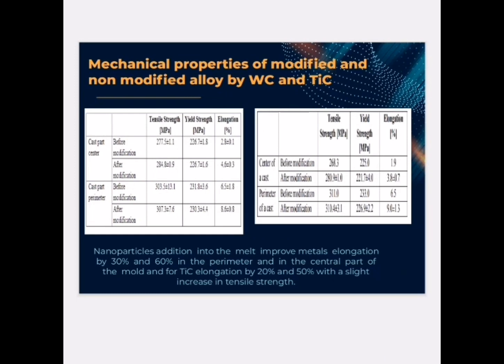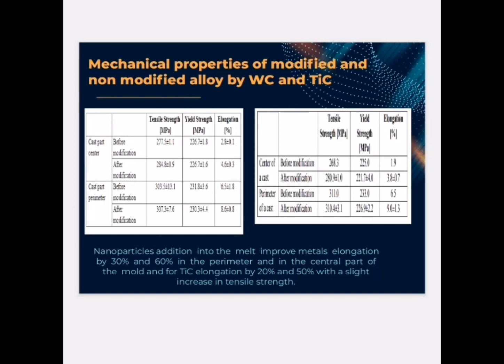After modification, we can see that the first table shows us the properties of WC before modification and after modification, whereas the second table on the right side shows us the properties before modification and after modification for TiC.